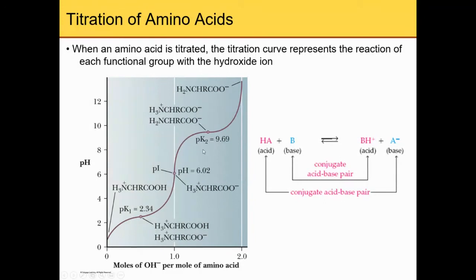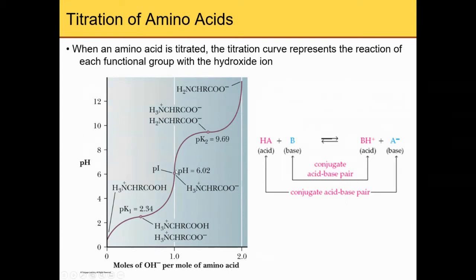At the isoelectric point, you have one positive charge and one negative charge, so the total is neutral, zero.